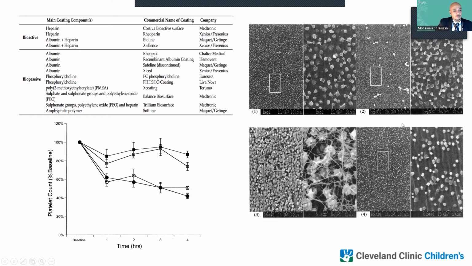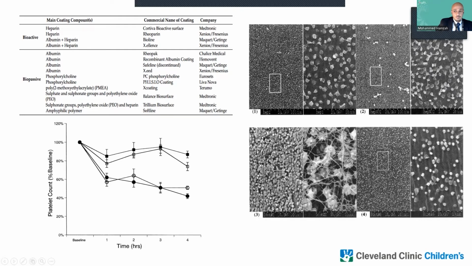And under microscopy, there was less platelet aggregation in those nitric oxide releasing circuits versus the conventional circuits. So definitely these novel technologies are promising, and in the future may help to minimize the need of a high dose of systemic anticoagulation.